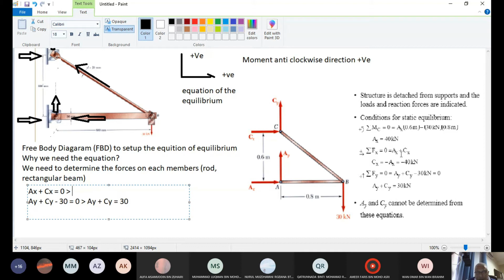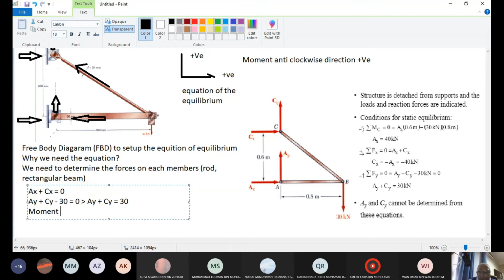First is Ax is Cx. So you cannot solve as well. So both are hanging, you cannot solve. You cannot get any number from this. So that's why we have to use the moment.